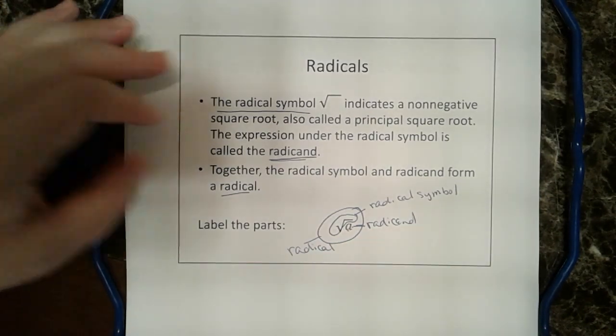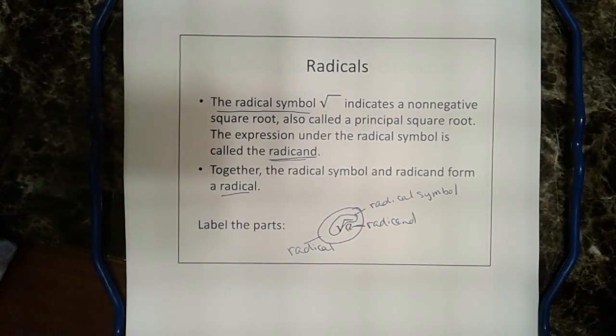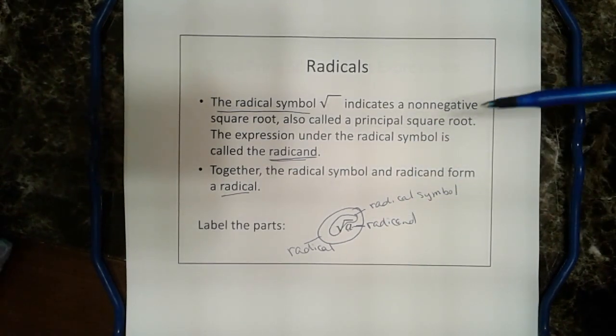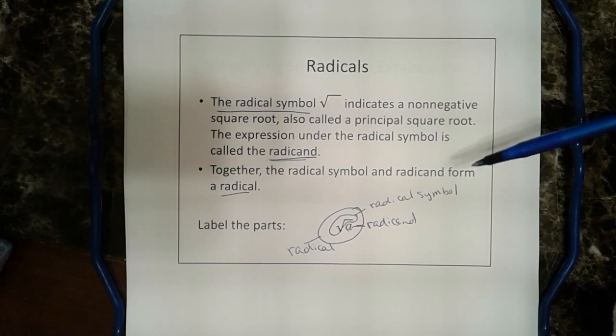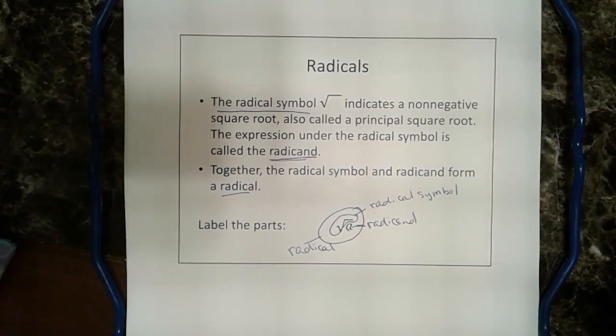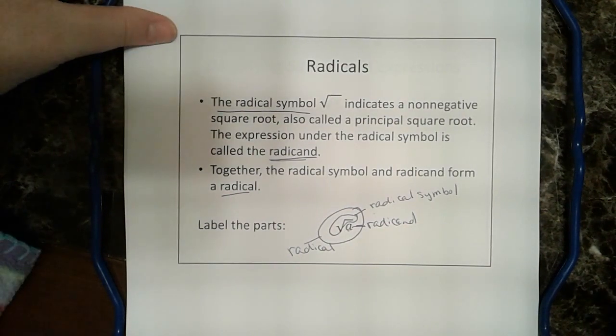It's important to realize the terminology, because the directions of your homework assignment are going to have the word radical in there, and you need to know what that means. But if you don't know what it means, you can always reference your notes, because you know it's in your notes, right? Okay.